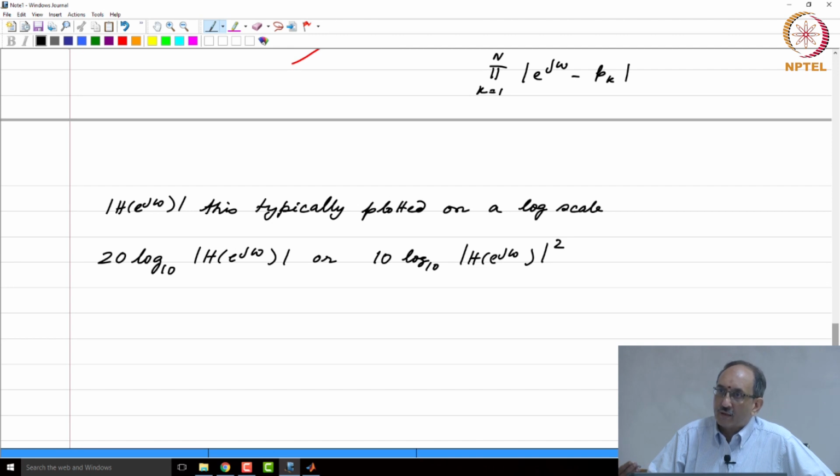On a linear scale, if you plot these two frequency responses, assume that both these filters have roughly the same passband characteristics, and the transition band, let us say they are similar, but in the stop band is where the main difference is.